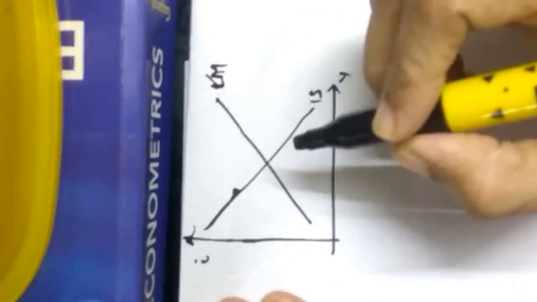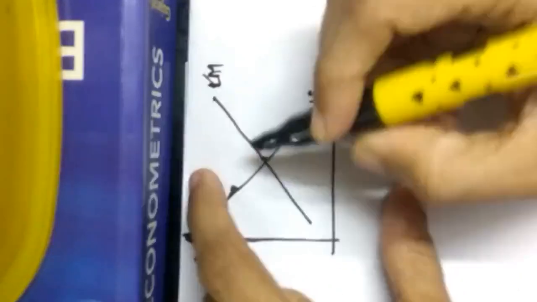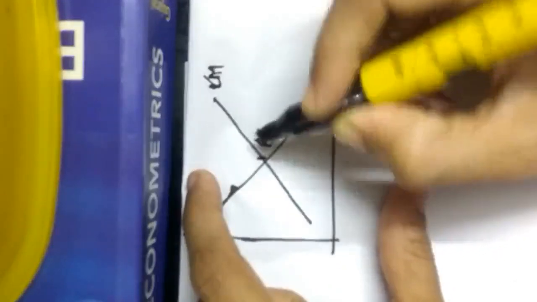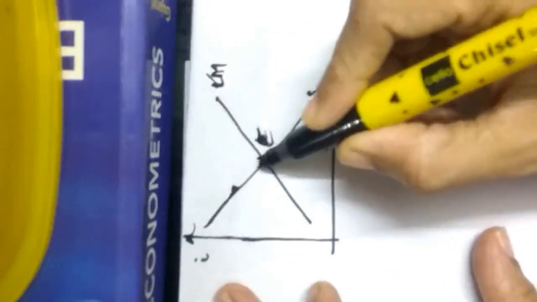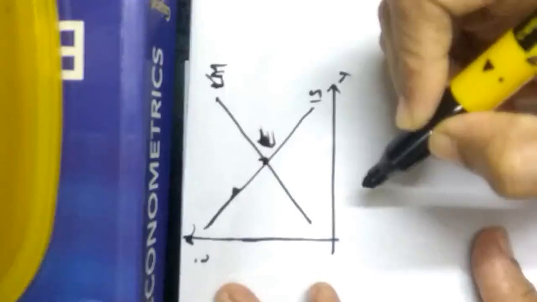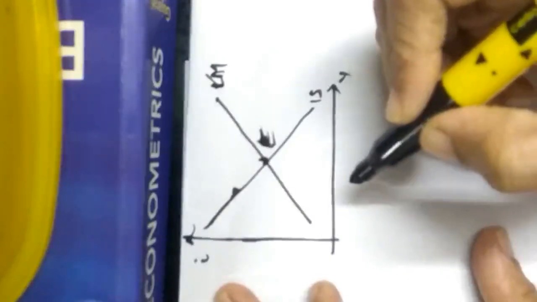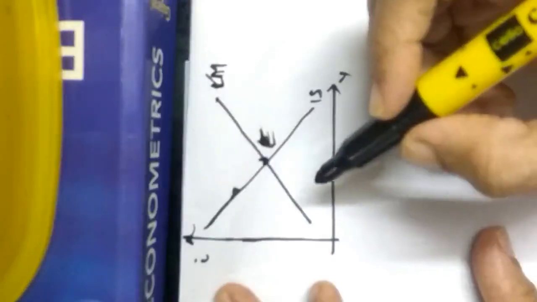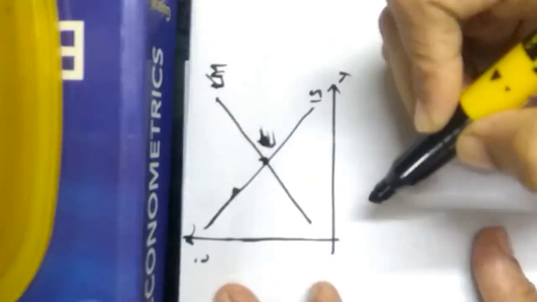The economy is supposed to be at equilibrium at this point E, where the goods market as well as the money market are simultaneously at equilibrium.